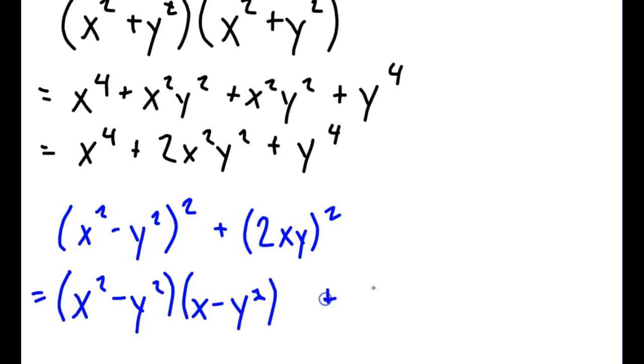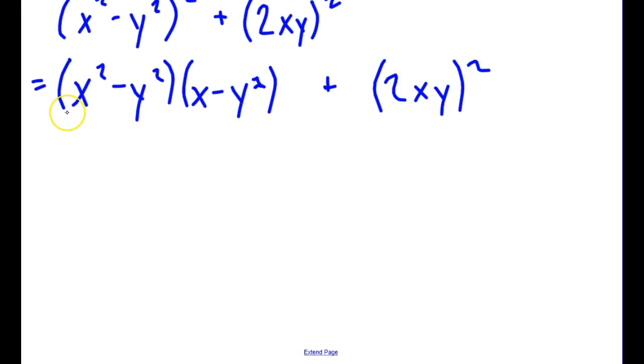And then we have plus (2xy) quantity squared. So if we FOIL this out, we have x squared times x squared, x to the fourth. x squared times a negative y squared is going to be minus x squared y squared.